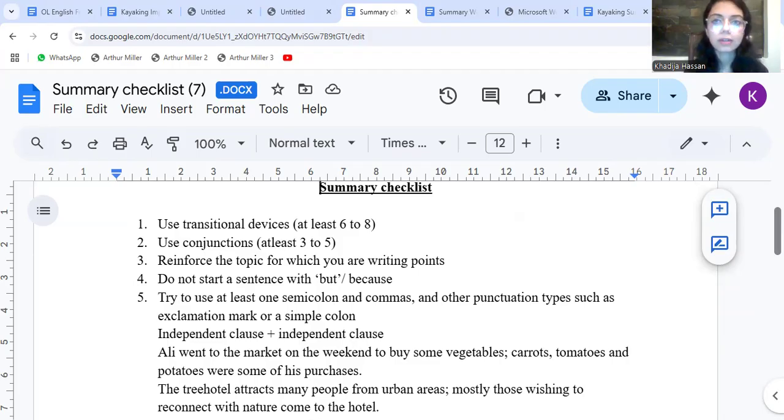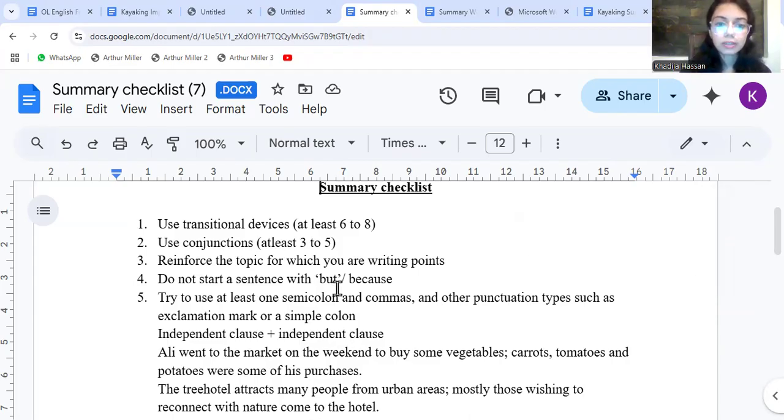So not just in the first line, one of the benefits of kayaking is da da da, right? Once you've written 3, 4 more points, you could have said, this is another benefit of taking up or picking kayaking as a hobby, right? So you're reiterating to the reader that this is the topic for which you are writing the summary for.